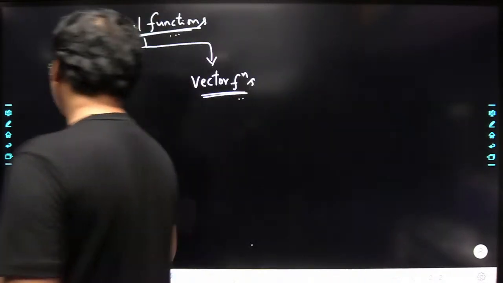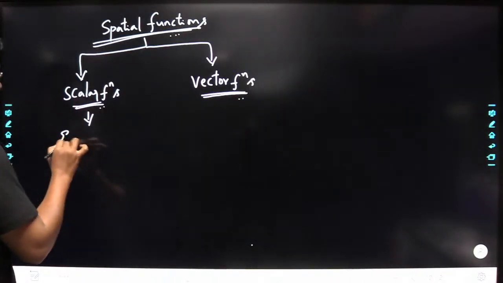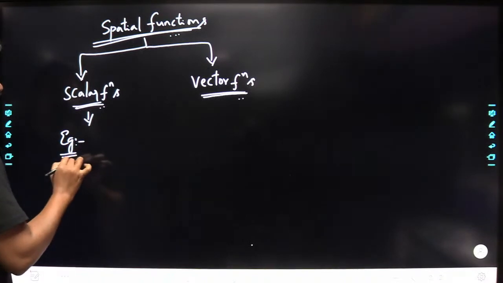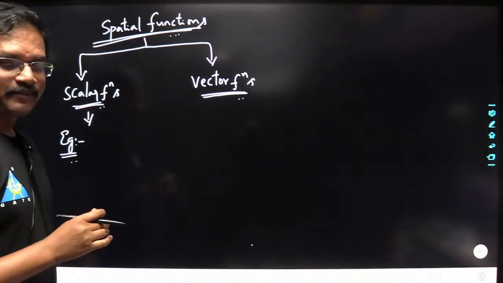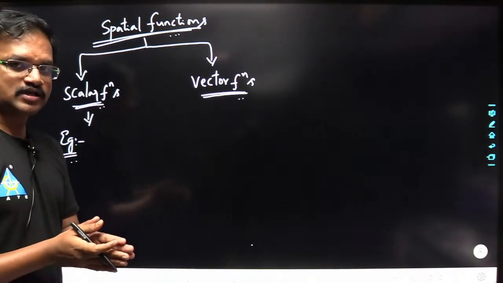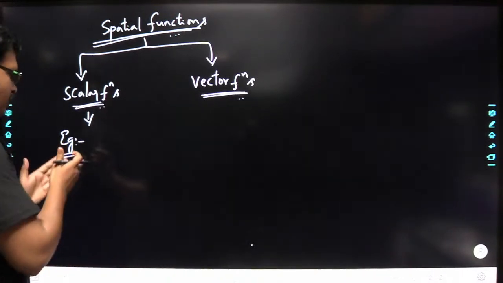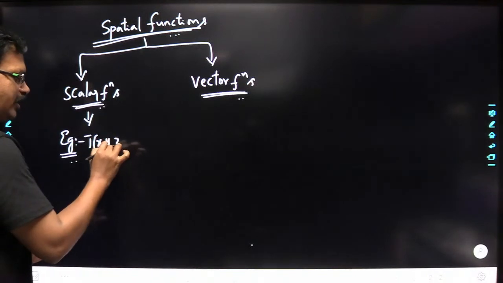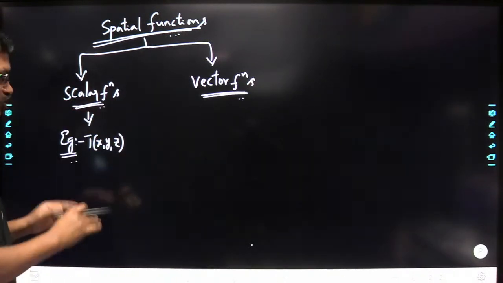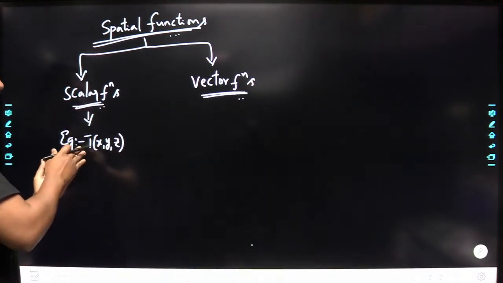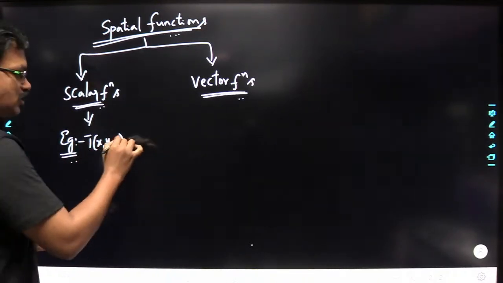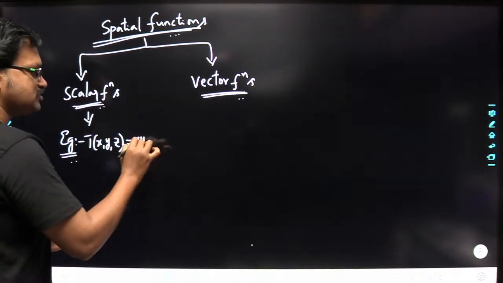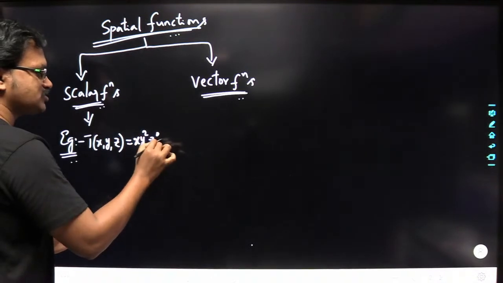For example, let us assume temperature. Temperature is a scalar quantity, yes or no? Let us assume I am giving the distribution of temperature in three-dimensional space, T of x, y, z equal to xy squared z degrees centigrade.